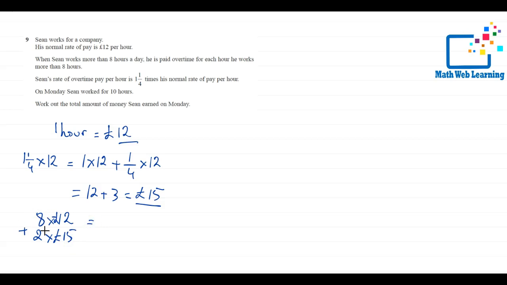Now, if I go back to the top one here, that gives me £96. This one gives me £30. So you can see the total is 6 add 0 is 6, 9 add 3 is 12. So the answer you should have, on that day he gets £126. And that's the answer to this one.